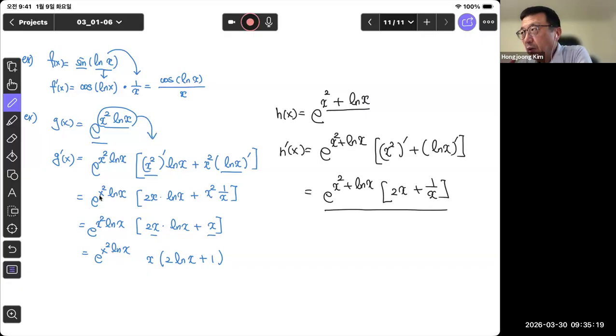So this is one answer. This is one perfect answer. But if you do some manipulation of this result, I can do the following. For example, e to the x squared times e to the ln x.